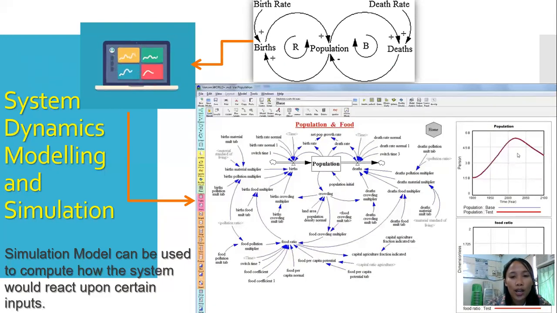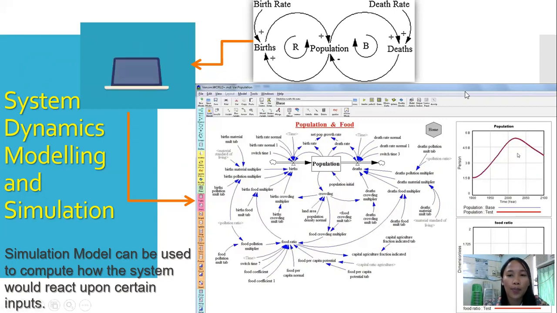We can run, test, run, and test again, so that we may choose what are those policies that will address our scenarios well in the future. And it will help a certain system, a certain organization achieve their goals and objectives for the success of that certain organization, for that certain policy, for that certain system.